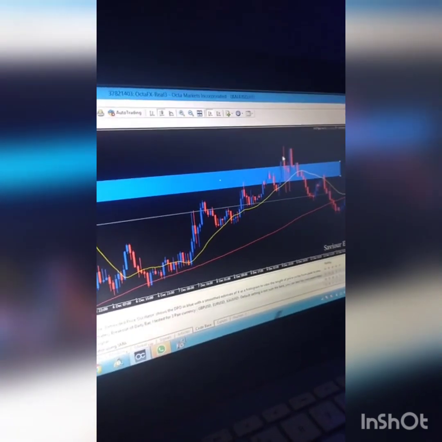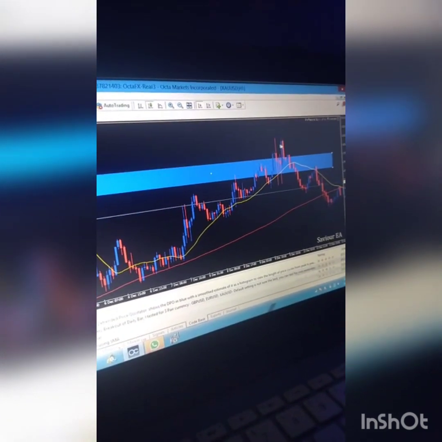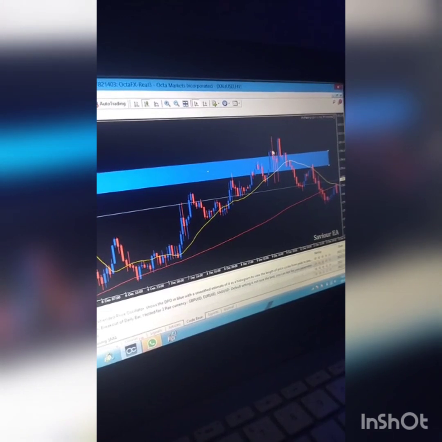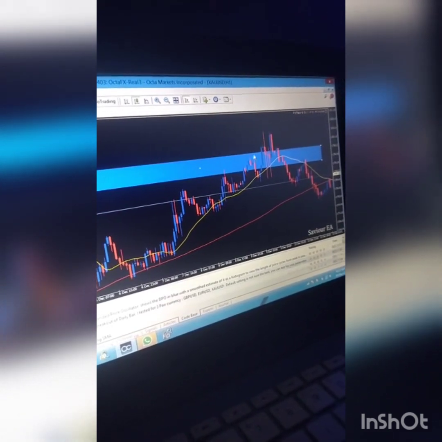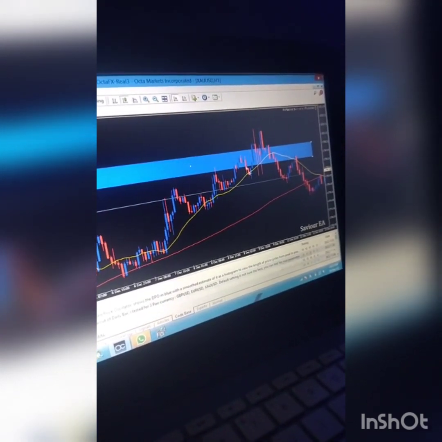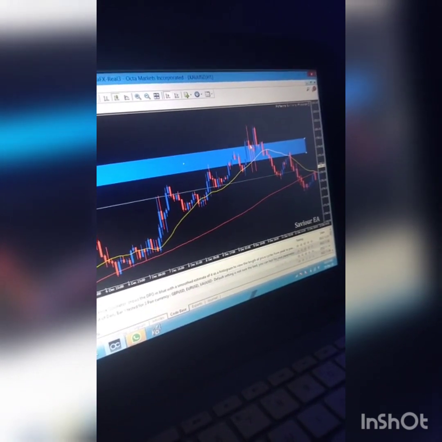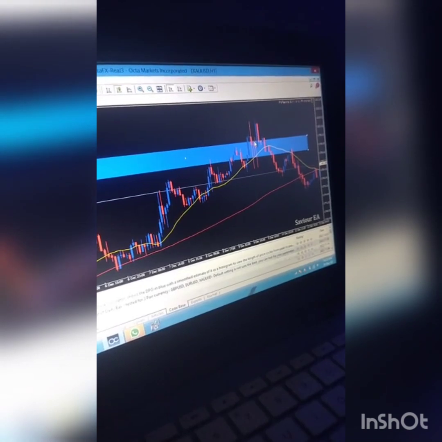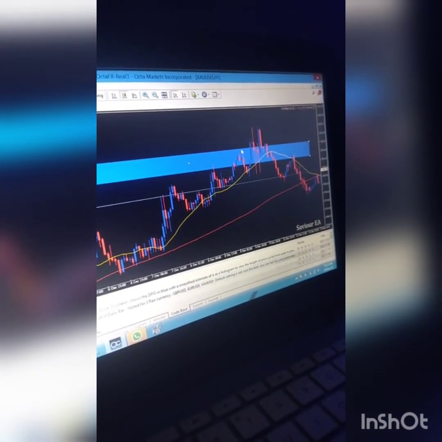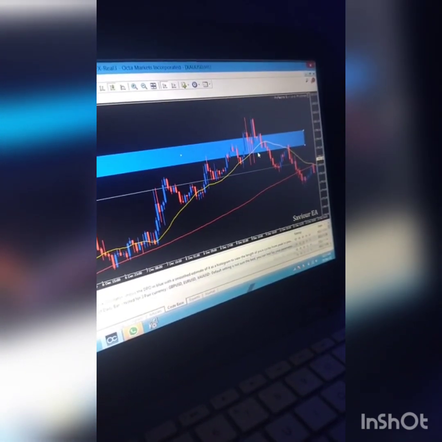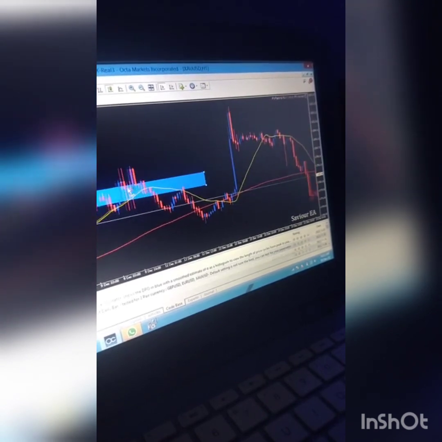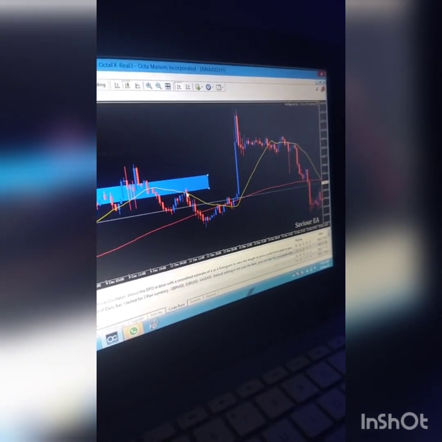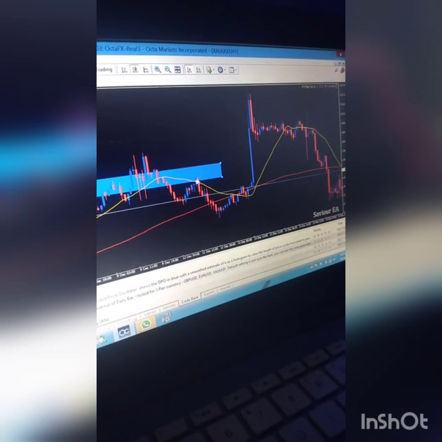Before it broke, all these things are market maker. It's fake outs, fake breakouts. So at all these points, it is just market makers that are trying to play with our minds. Then what happened here? It retested it here. Did you see that it retested it here?